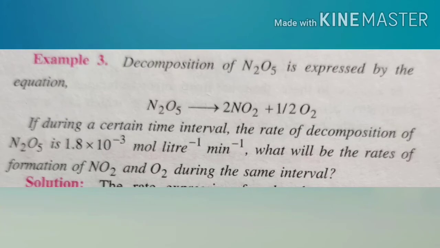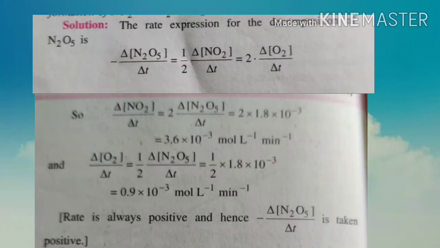Then we can write the rate expression for the decomposition of nitrogen pentoxide: -delta N2O5/delta t is equal to 1/2 delta NO2/delta t is equal to 2 × delta O2/delta t. Now we can write delta NO2/delta t is equal to 2 × delta N2O5/delta t, is equal to 2 × 1.8 × 10^-3, which is equal to 3.6 × 10^-3 mol per liter per minute.